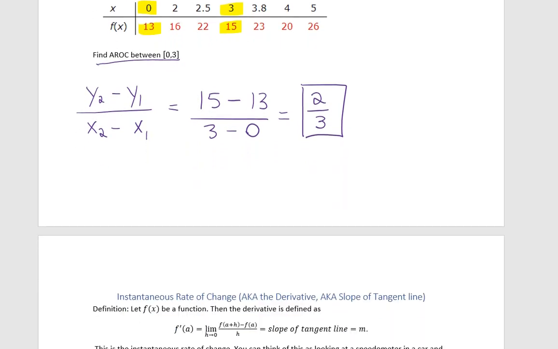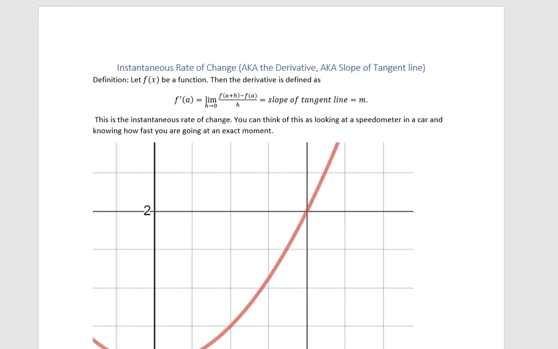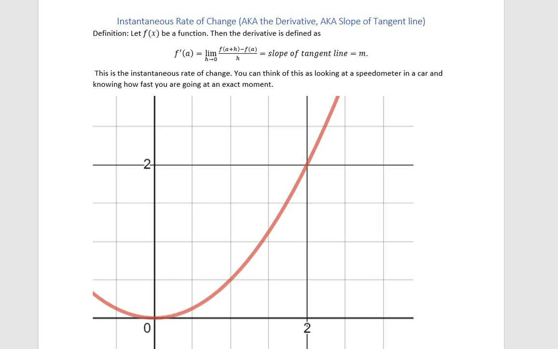Awesome. Now, what that leads us to, which is a much more important idea for the entire term, is going to be the instantaneous rate of change. Another word for this is going to be the derivative, and that is the slope of the tangent line.